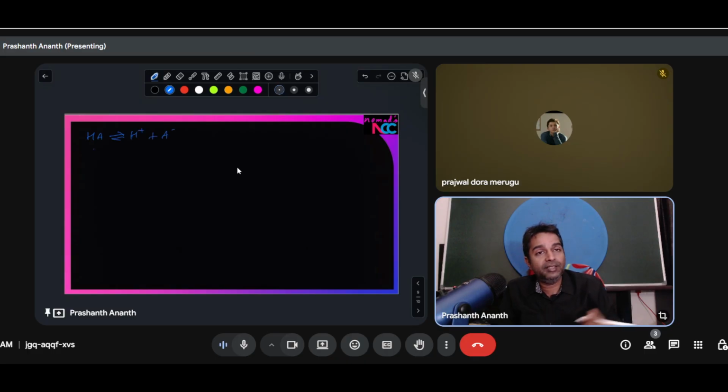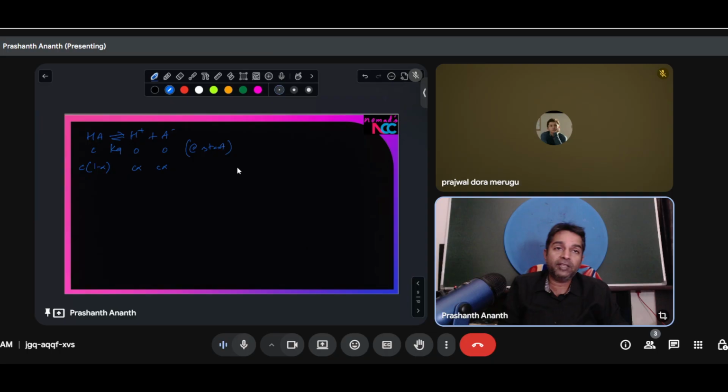Let's say C is the initial starting concentration for my HA in solution. We'll have these two at 0, 0 at the start, when the equilibrium is not yet reached. I've just thrown some HA into my solution with water, and this is going to happen. So we'll have Ka as the equilibrium constant here. Alpha is as per the previous definition, defined with respect to 1 mole of substance.